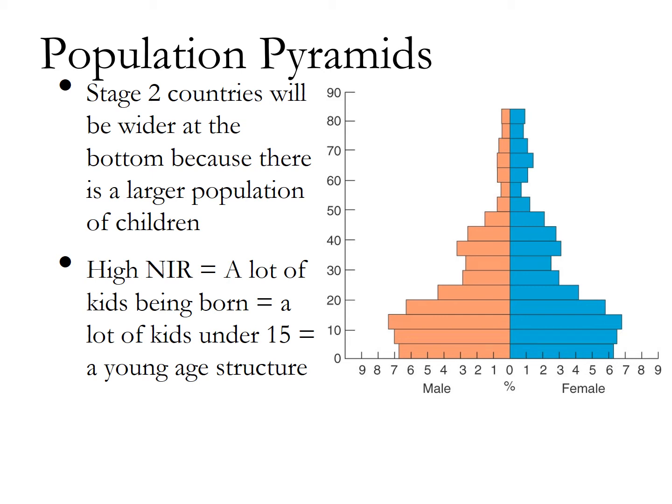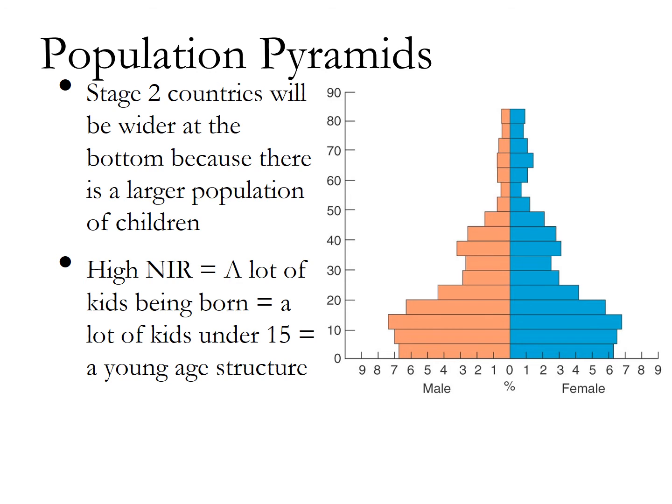We know that when they're in stage 2, they have that very wide base because they're having tons of people born. But remember, the population pyramid doesn't change shape because it's based on percentages, right? So until those births start to come down and people are living longer, this pyramid is always going to look this way. So stage 2 pyramids are always going to have that very wide base at the bottom and small at the top.